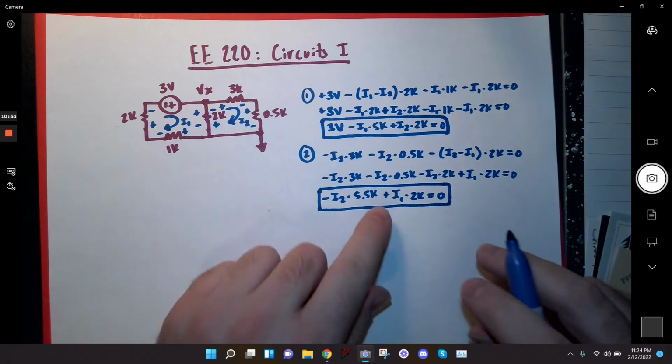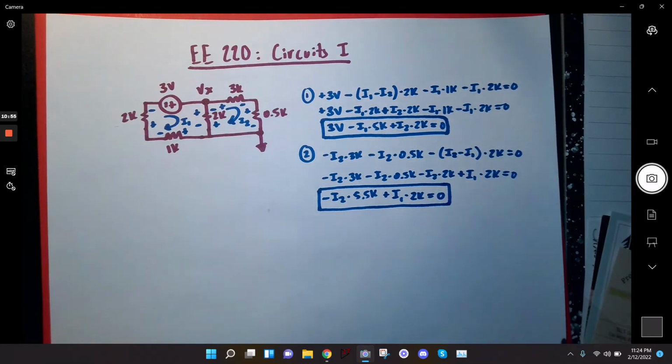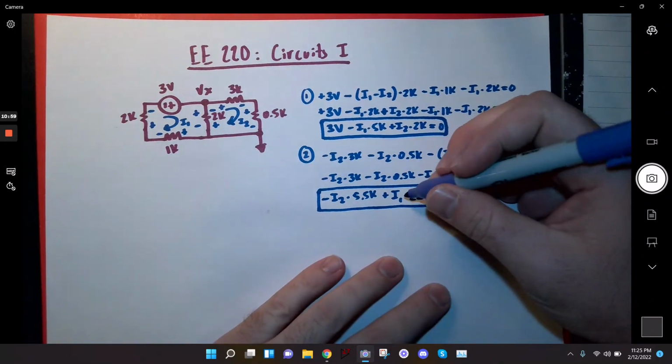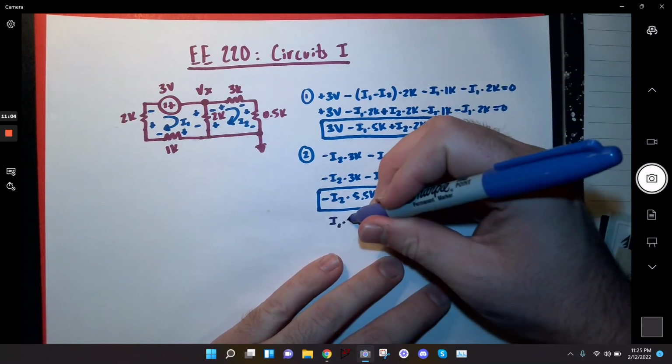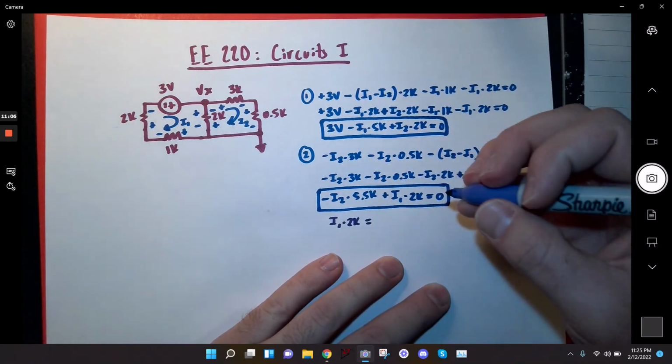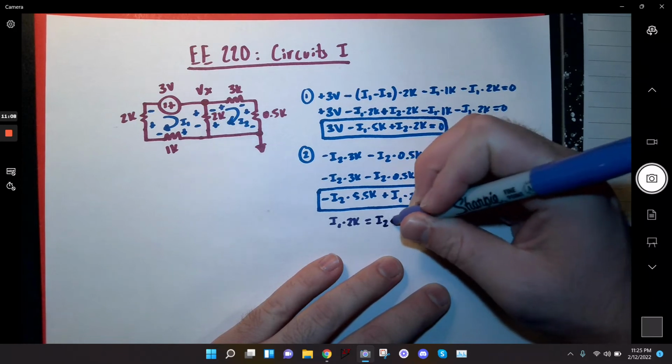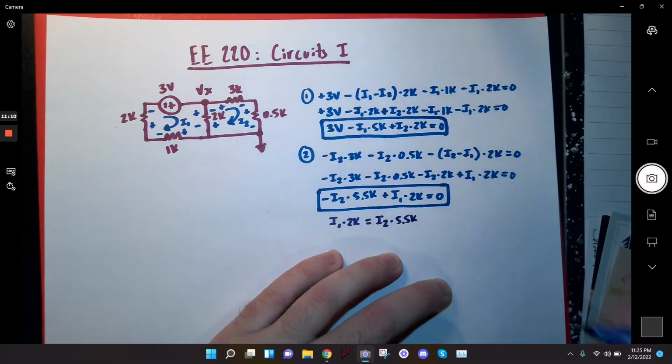So basically this equation's smaller, so I'm just going to start here, and let's just solve for I1. Why not? So I'm going to take this term and add it to the other side, so I get I1 times 2k is equal to I2 times 5.5k, right?